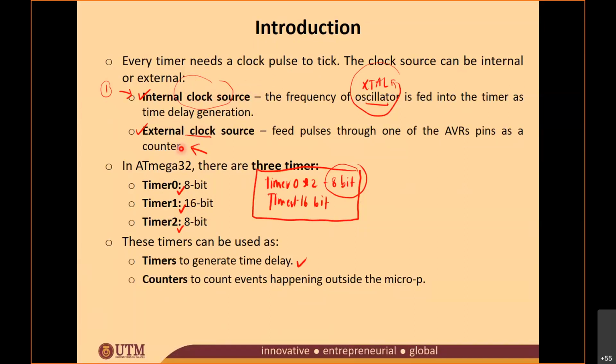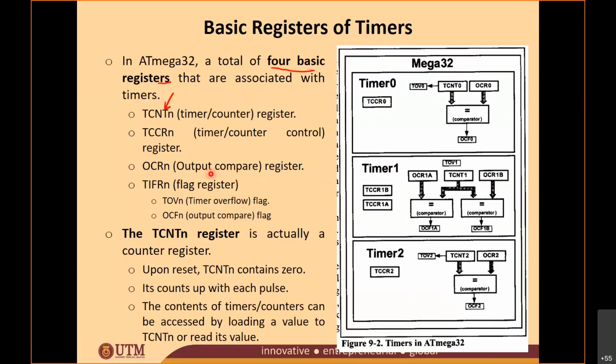If you're going to use the external clock source, it means that every time you press a switch, your TCNT value will be increased. The content of the timer or counter can be accessed by loading a value to TCNT or reading its value.